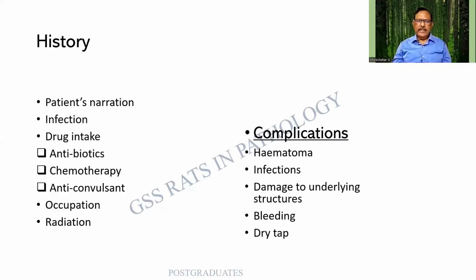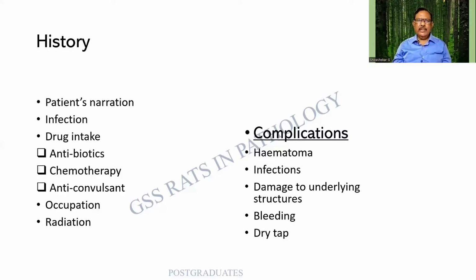The complications of an aspiration can sometimes be hematoma and infections, and we will have to take care of these things. I have not told you this earlier. Whenever you do a bone marrow aspiration, it can subsequently lead to a hematoma. There may be infections, but it is highly unlikely when we follow the sterile precautions.